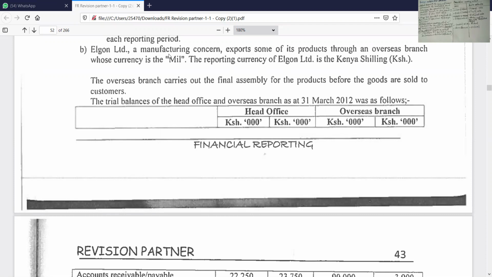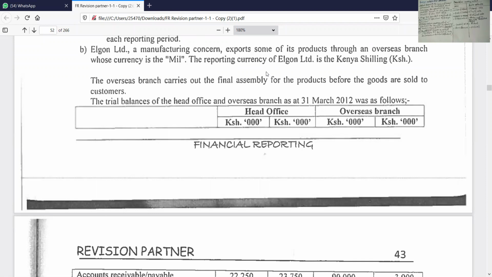So the trial balance of the head office and the overseas branch is given there. Erigon is a manufacturing concern, and the overseas branch's currency is milli.